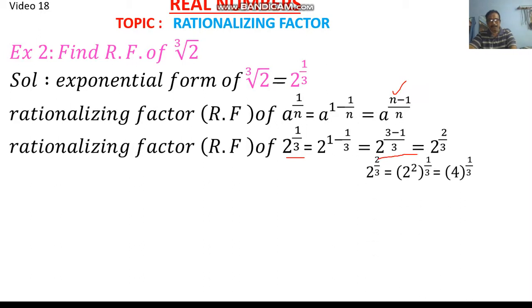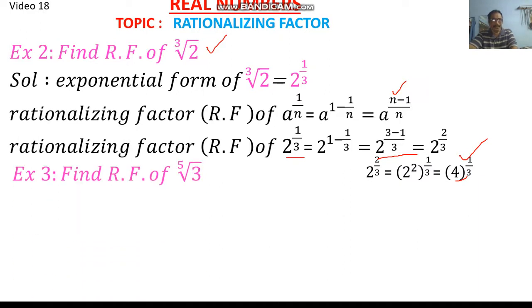That can be written as 2 square whole power 1 by 3, that means 4 power 1 by 3. So the RF of cube root 2 equals 4 power 1 by 3. That is, if cube root 2 is multiplied with 4 power 1 by 3, it becomes a rational number.